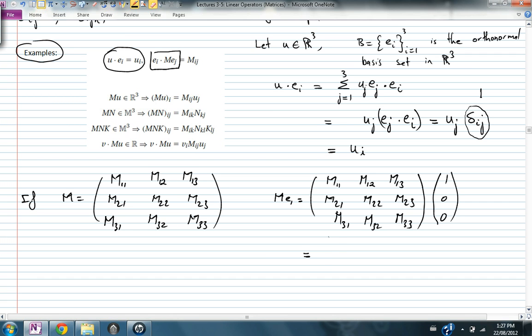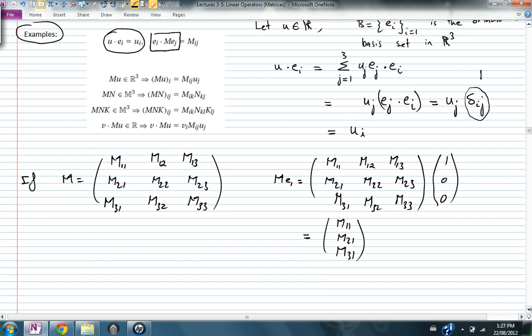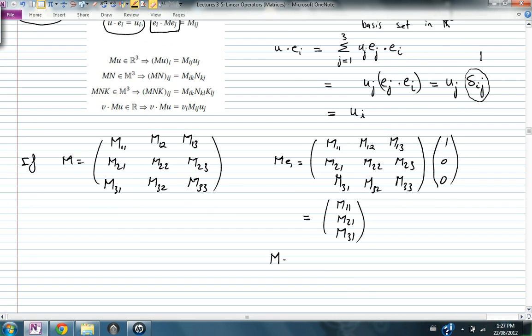If I take M e1 and take the dot product with, for example, e2, this will be equal to M21.